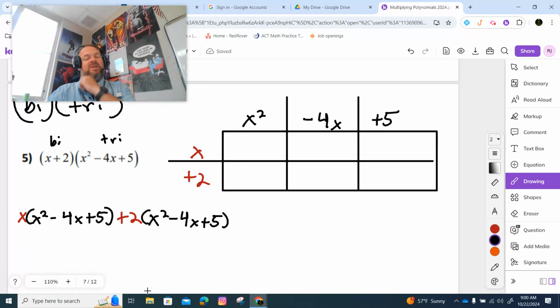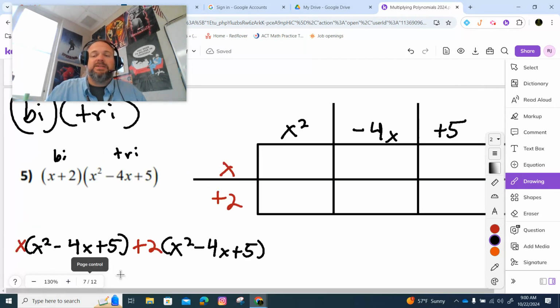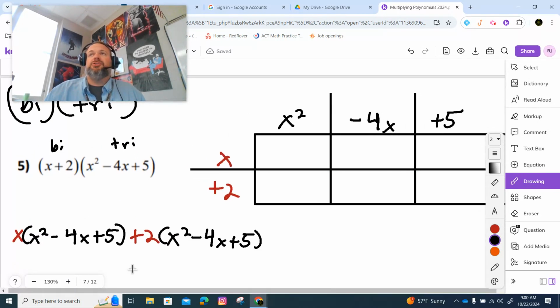All right, now, think about it. This is a bigger type problem. Should this take a little bit longer? Yeah. Okay, but you can still do both methods.